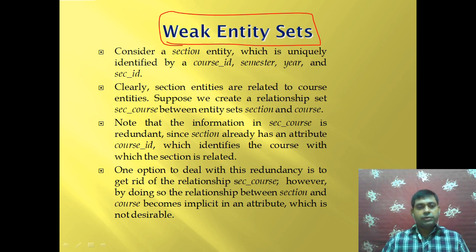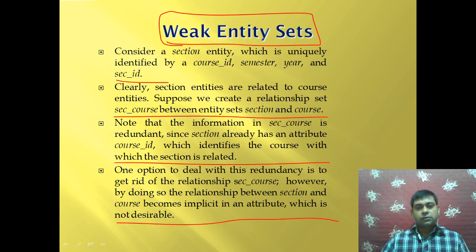Here you will get some example like section entity, course ID, semester, year, etc., and this is the explanation. Whatever I have also explained is also an example of weak entity. And if you go through this, this is also an explanation of the weak entity set.